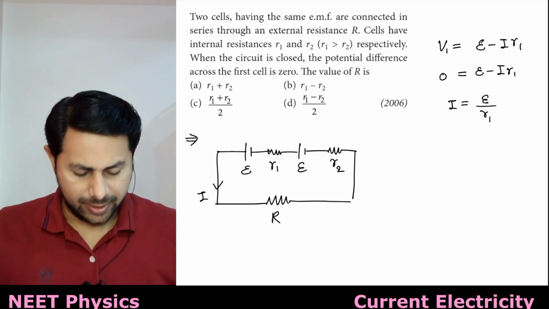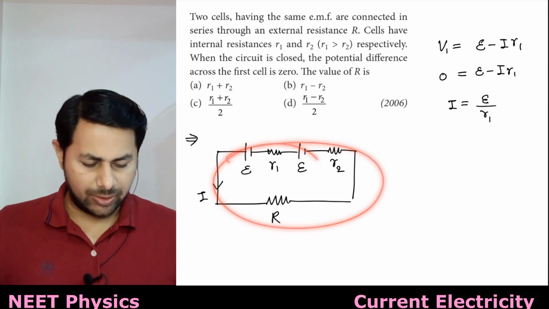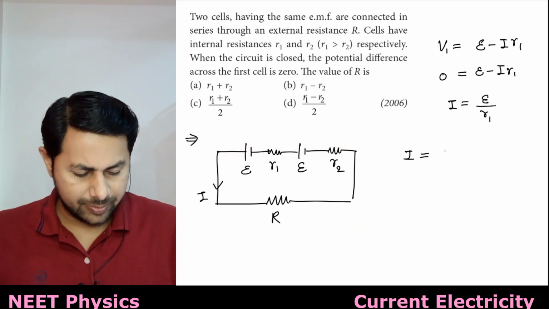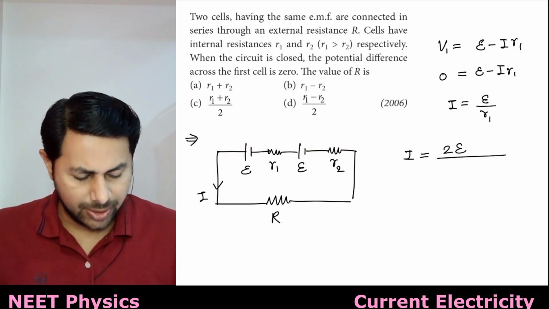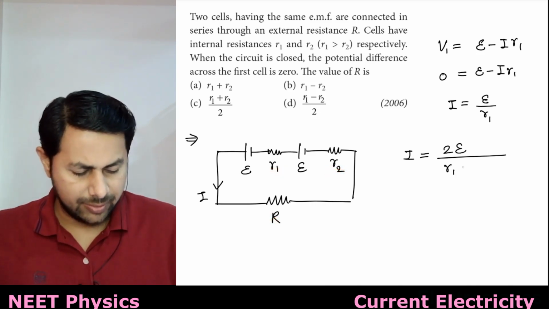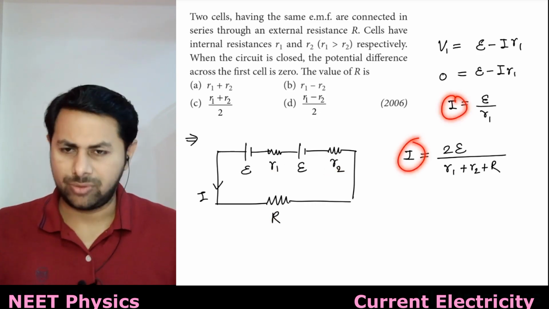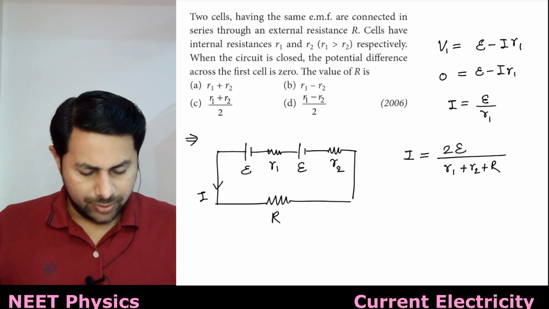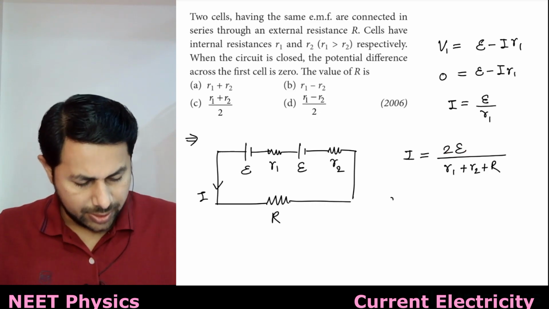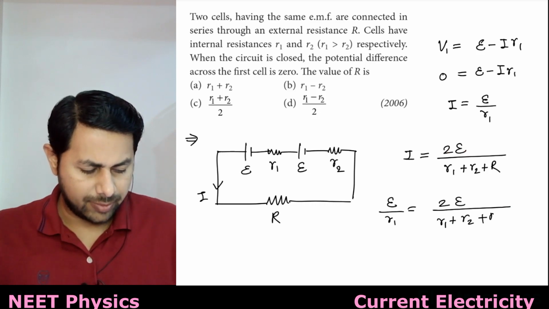Then from this circuit you can find out the value of I. So I is equal to total EMF, that's 2 times E, divided by total resistance, R1 plus R2 plus capital R. This I and this I should be equal, right? So you have E upon R1 is equal to 2 times E divided by R1 plus R2 plus R.